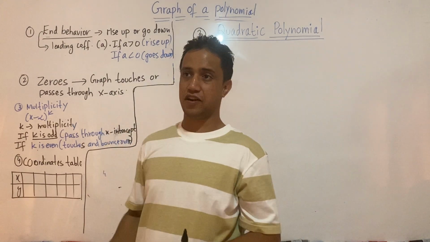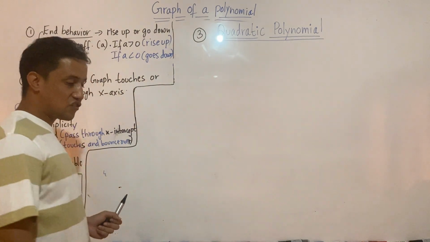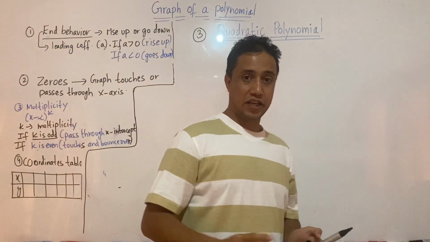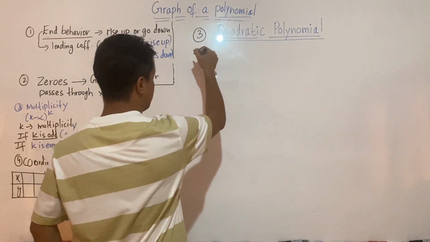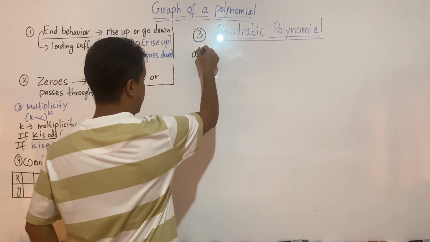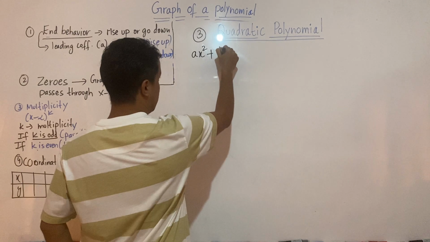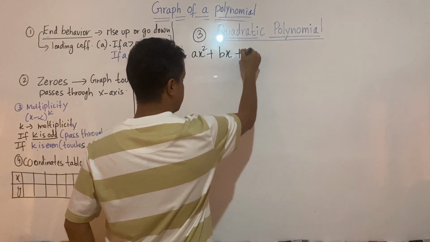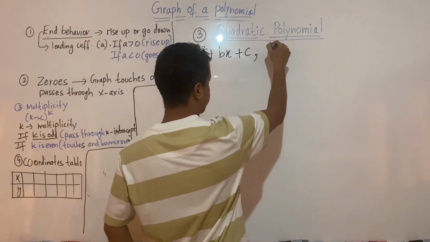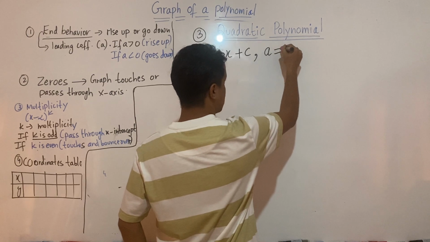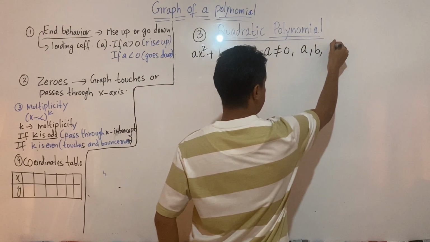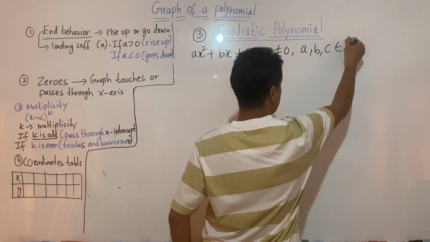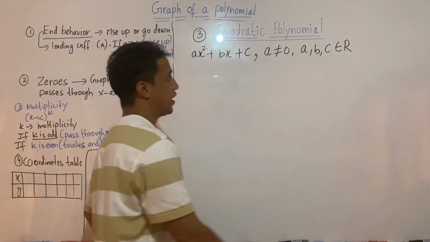So let's get started. First of all, what are quadratic polynomials? These are of the form ax squared plus bx plus c, where a must not be equal to 0 and a, b, c belong to real numbers, okay?